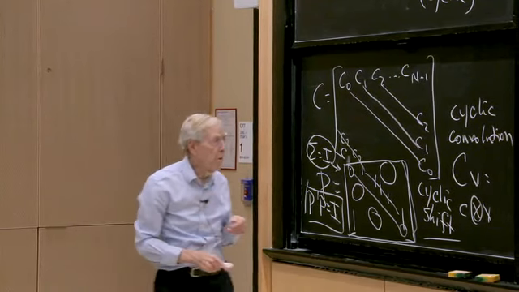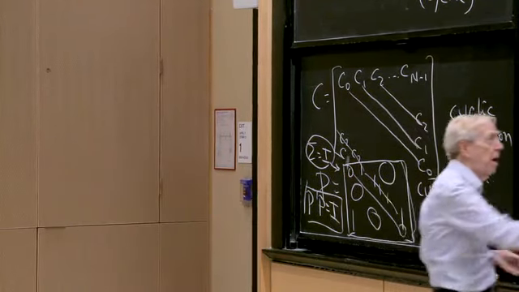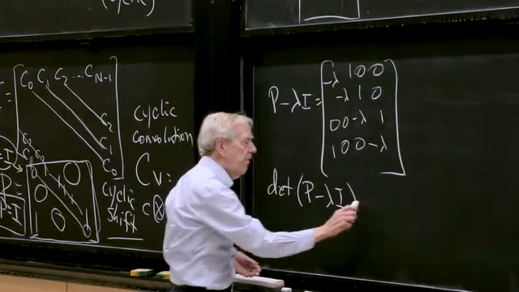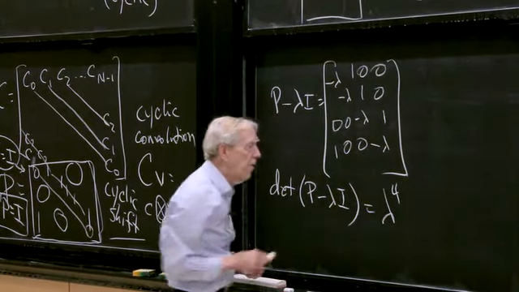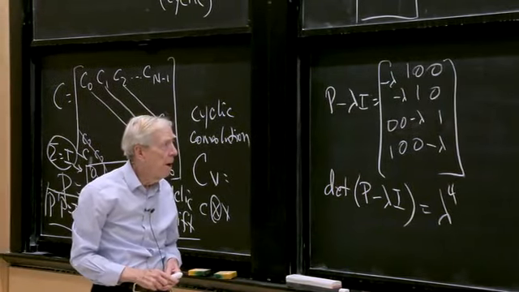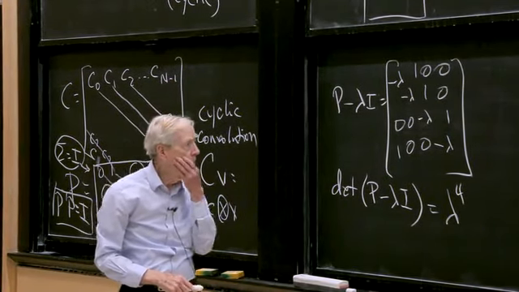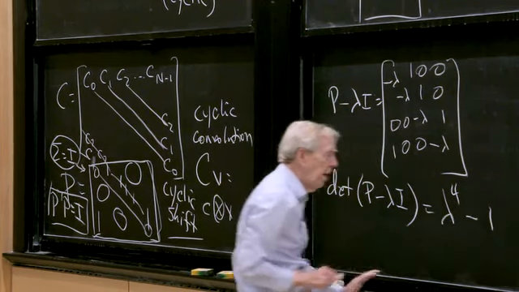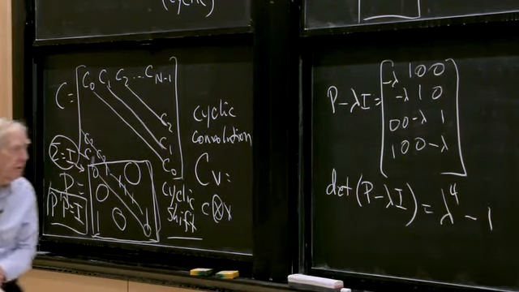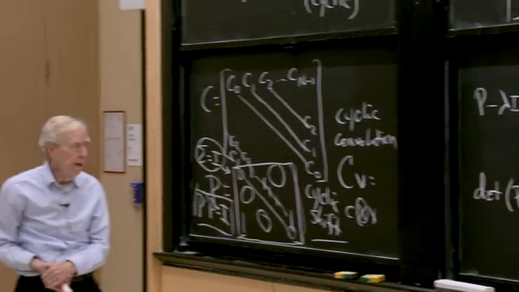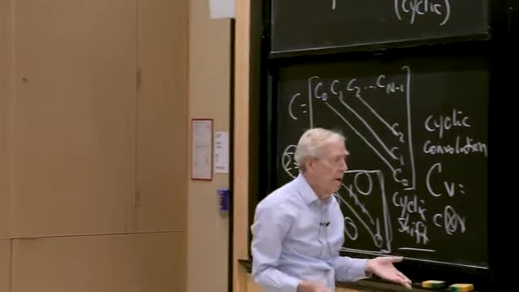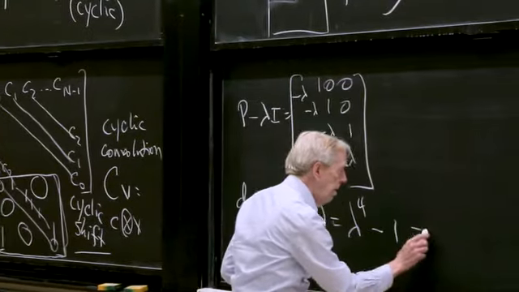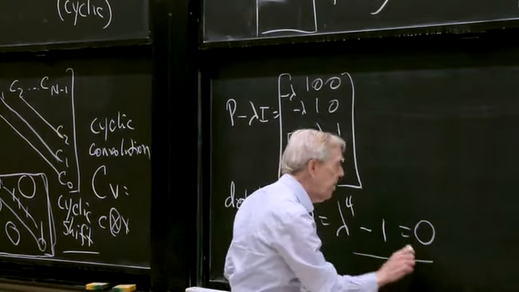So what is the determinant of this? Well, there's that lambda to the fourth. And I think it's lambda to the fourth minus 1. I think that's the right determinant. I would set that to 0.